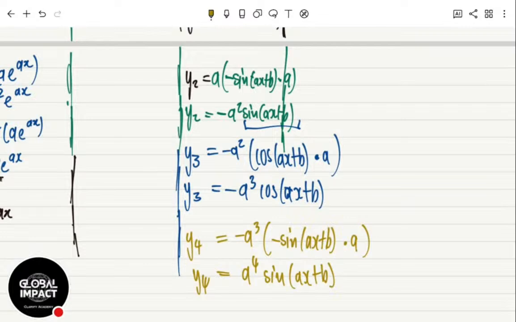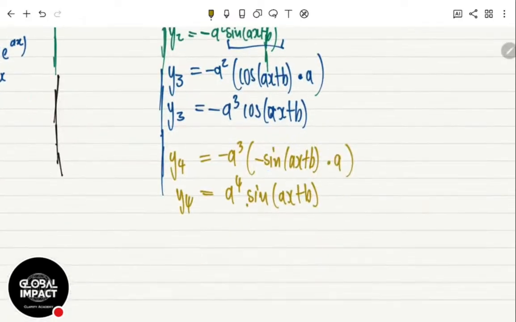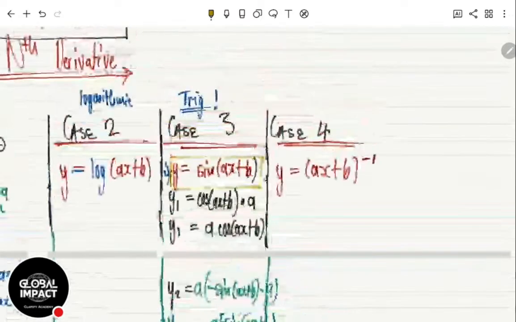What you are seeing, number one, is that when you differentiate the fourth time, you will be back where you started. The fourth derivative has given me a to the 4, but it has given me sine of ax plus b, which is the same as what I started with.